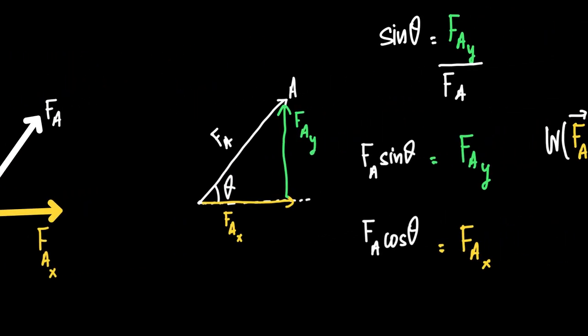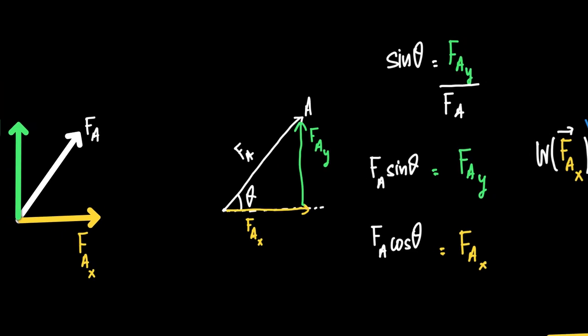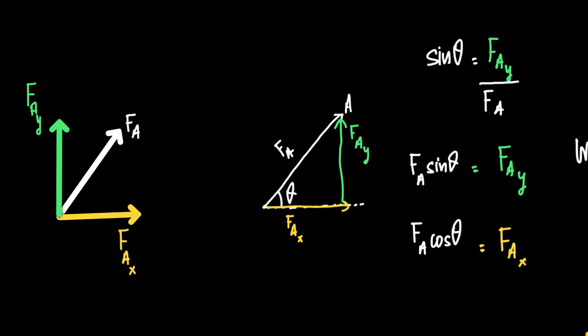Now, if you consider this to be a triangle, where the resultant vector can be resolved into horizontal and vertical components, I get a triangle with angle theta here.